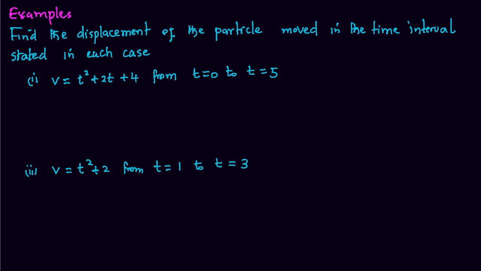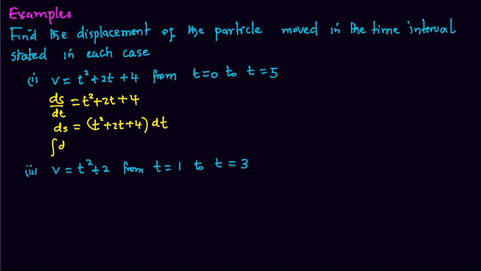Because we want displacement, we have to write v in terms of displacement and time, so that ds over dt is equal to t squared plus 2t plus 4. ds will therefore be equal to t squared plus 2t plus 4 dt.